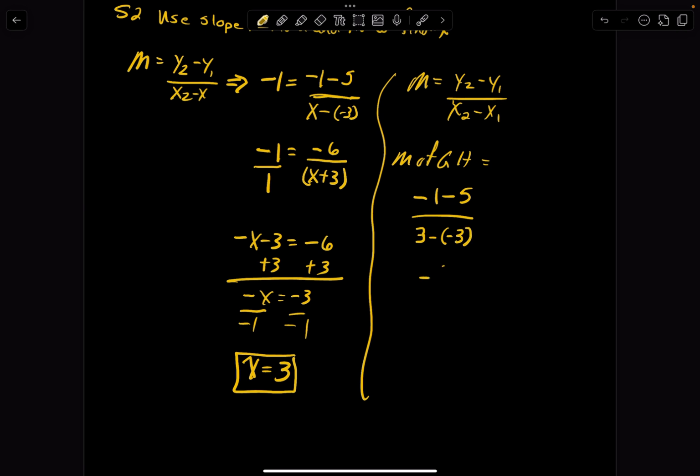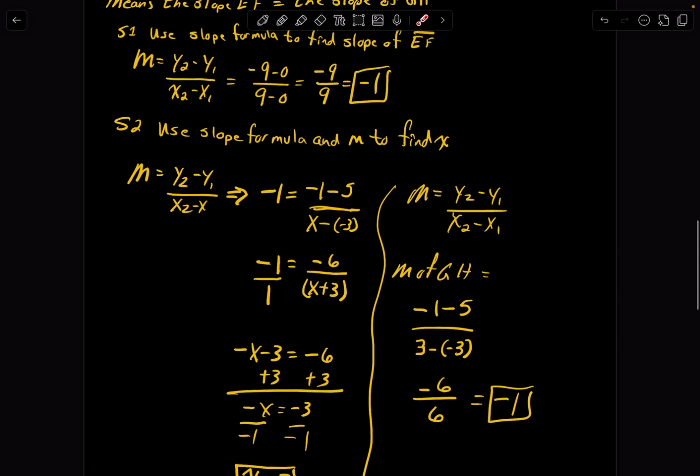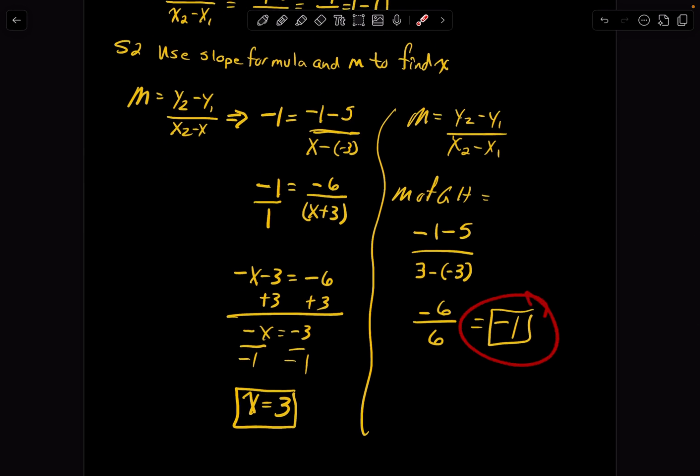We get negative 6 over 6, which equals negative 1. So we just proved the slope of EH is equal to the slope of this.